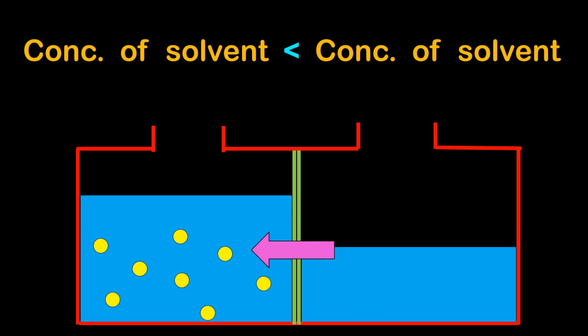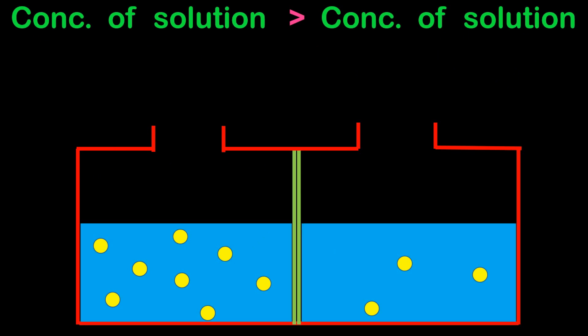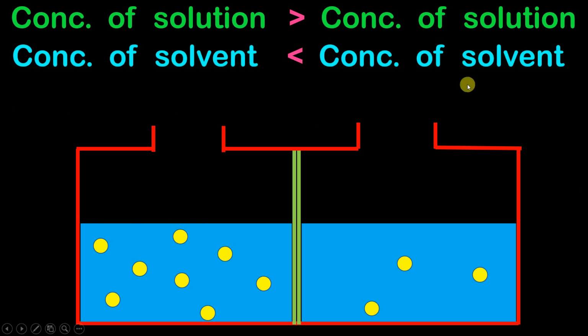We are not concerned with the concentration of solution. So you again make observation, and after making observation, now we get to know that the concentration of solvent is greater on the right hand side and the concentration of solvent is less on the left hand side.